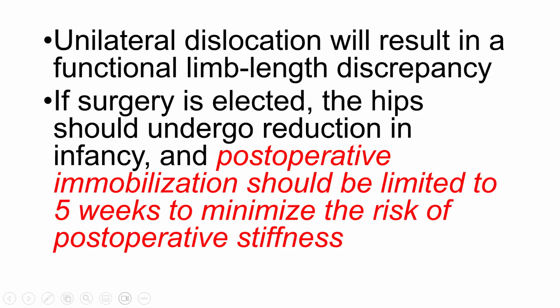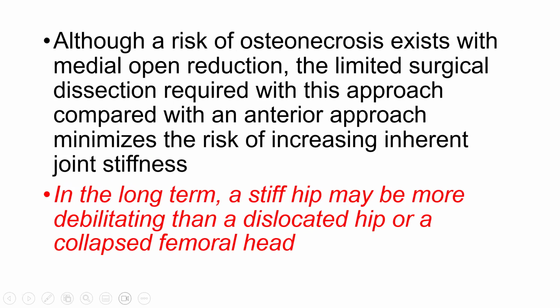Although a risk of osteonecrosis exists with medial open reduction, the limited surgical dissection required with this approach compared with an anterior approach minimizes the risk of increasing inherent joint stiffness. In the long term, a stiff hip may be more debilitating than a dislocated hip or a collapsed femoral head.